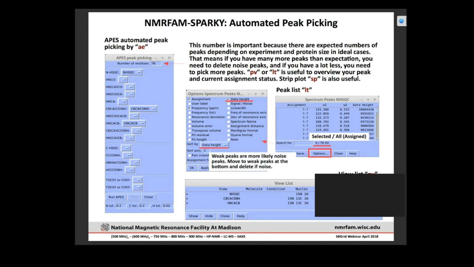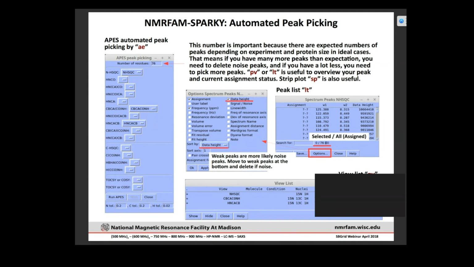So this is another handy tool, the view list PV. It just shows you the experiments that you have in your project, and then UCLA and data size and peaks and assigned peaks here.